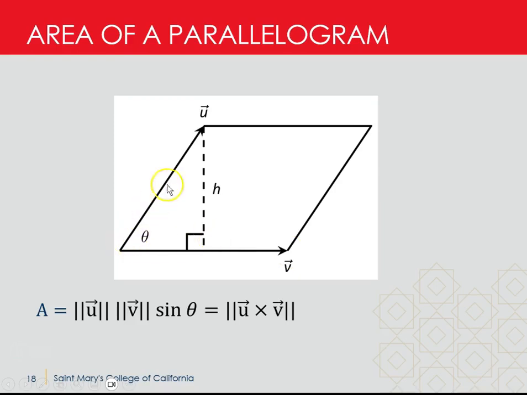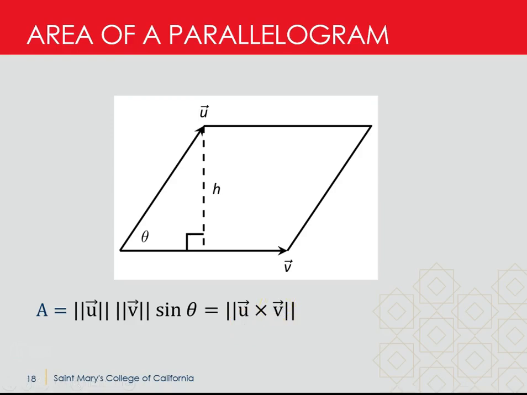But it's not quite the length of u, it's the length of u times the sine of the angle between them. Right? The sine gives us this opposite, which of course is h. So if we take the magnitude of v times the magnitude of u times the sine of the angle between them, we'll get h times this length here. And that's exactly what the cross product is, assuming we take the magnitude.